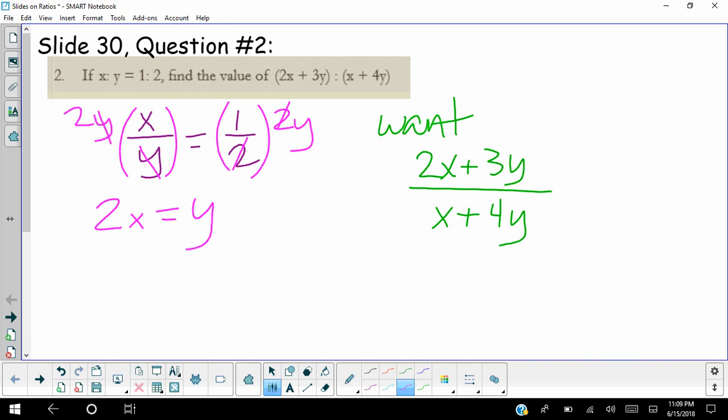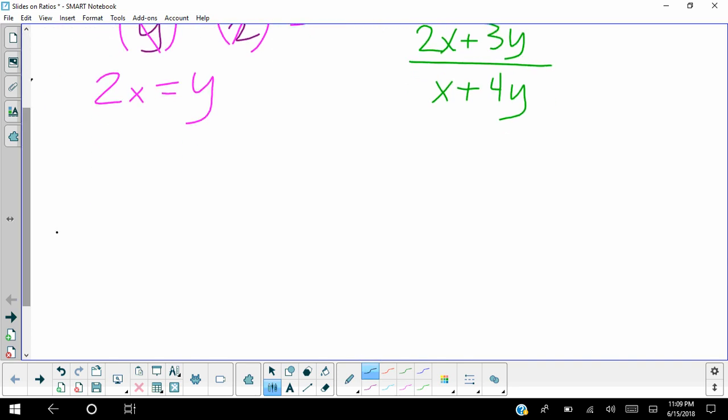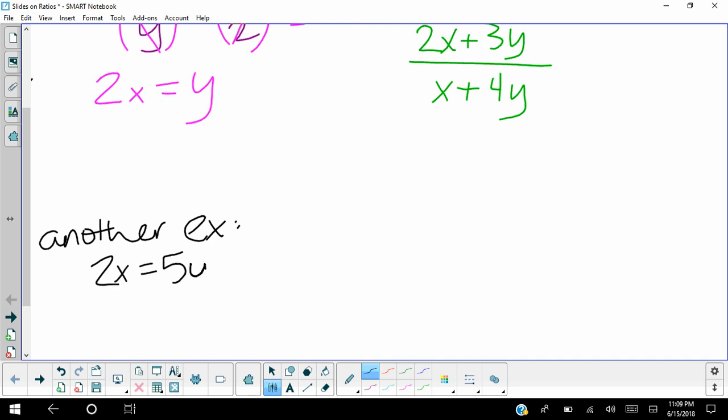Well, that's really handy. I want to show you that that could come out more complicated than that. For example, you could end up getting like 2x is equal to 5y, and that just makes it a little more challenging.